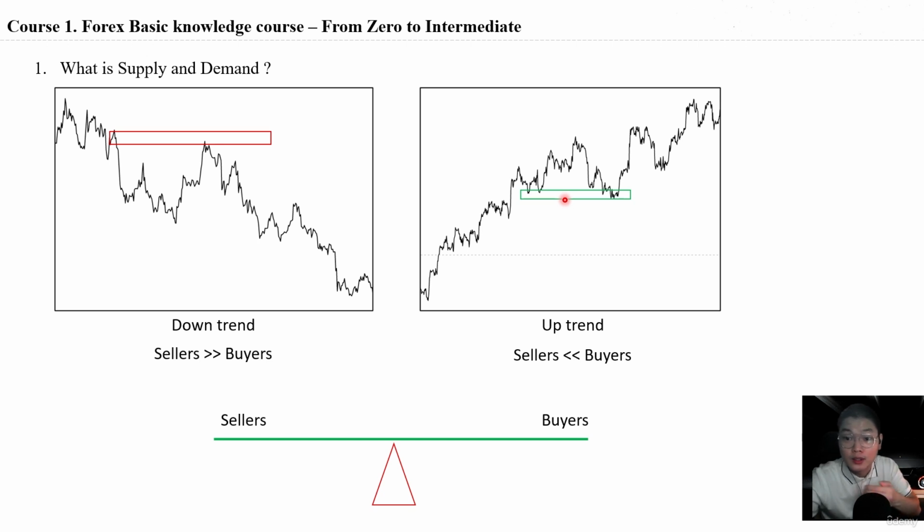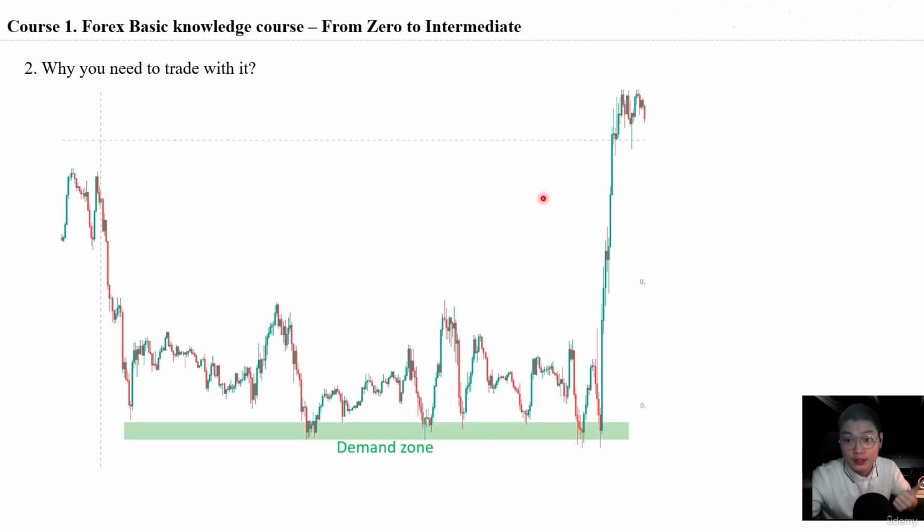Most buyers want to buy at the lowest price. Therefore, they are always waiting for the most suitable price to buy. And this is the reason why you need to look for this to enter the market. Look for where most of the sellers are focused and where most of the buyers are focused. So let's see some examples.